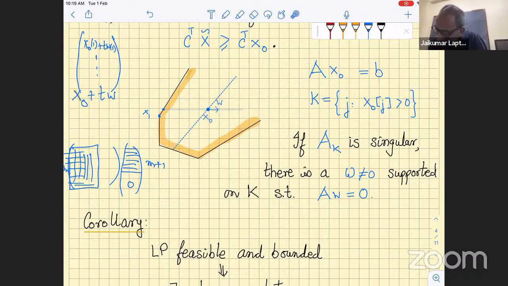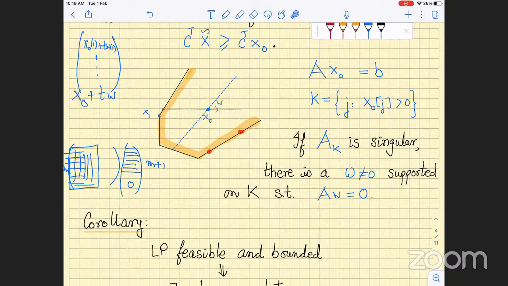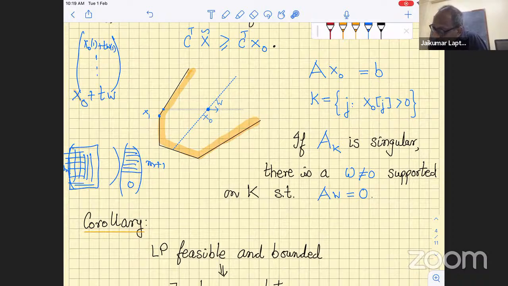The direction along W will have to be then on the boundary, because W, the direction of W always maintains feasibility. Traveling on W in either direction keeps you feasible as far as these equations are concerned.